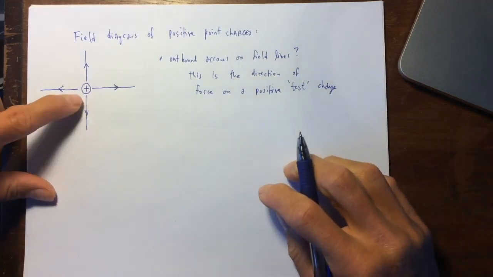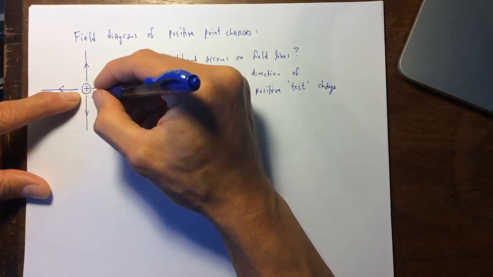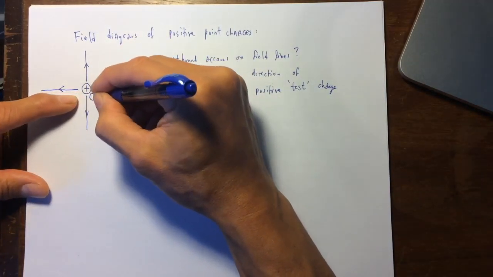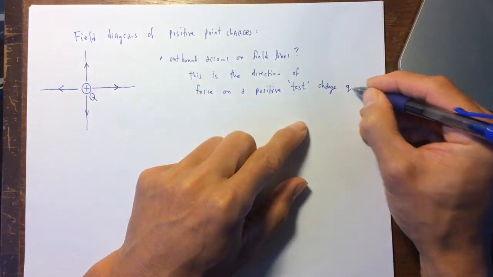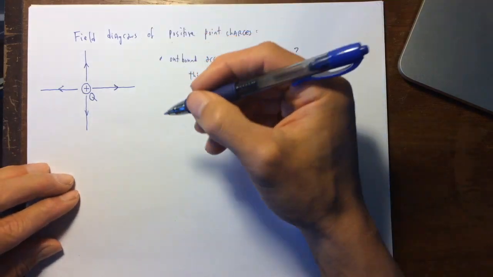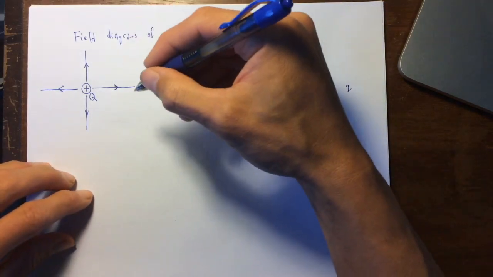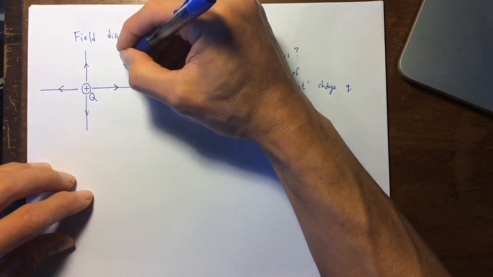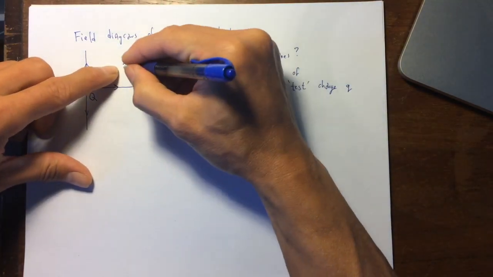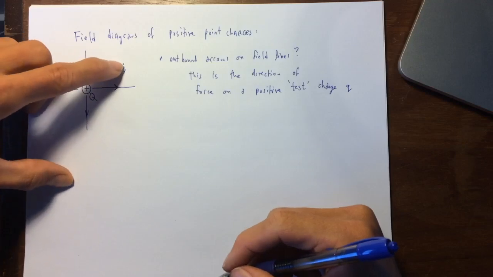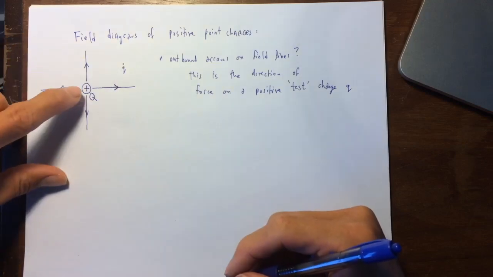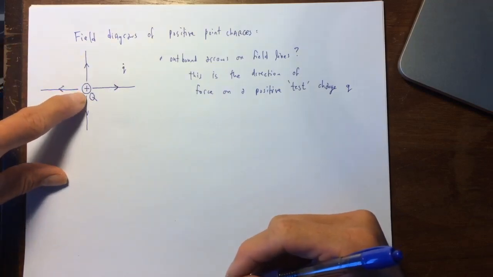So let's imagine that the central positive charge here is called capital Q, and the positive test charge is called lowercase q. If I put lowercase q, say here, I place it there, and what I'm doing is I'm imagining testing the strength of capital Q's electric field.